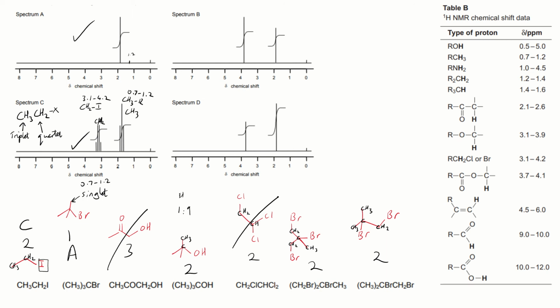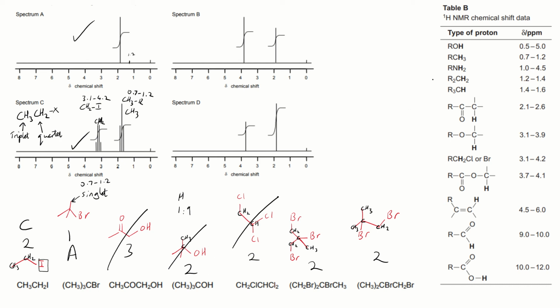That's a 1:9 hydrogen ratio. So my integral lines, one of them should be 9 times the other effectively, and they do not look anything like that. So I'm going to disregard that one.